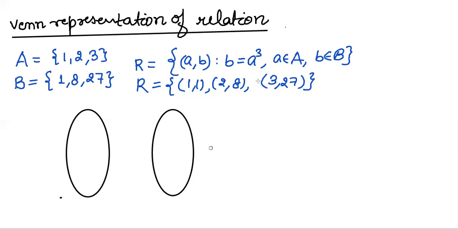Now we will represent this relation by using a Venn diagram. You can see two ovals I have drawn here. We discussed this Venn diagram in the Cartesian product of sets also. By the same process, first of all we have to represent the set A elements in the first oval and the set B elements in the second oval.